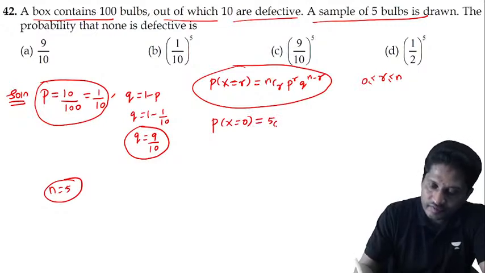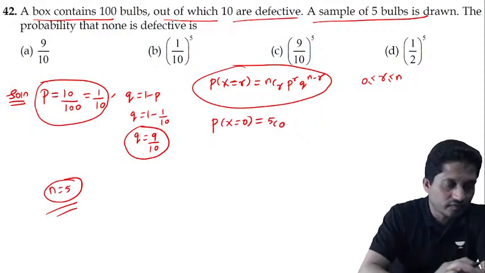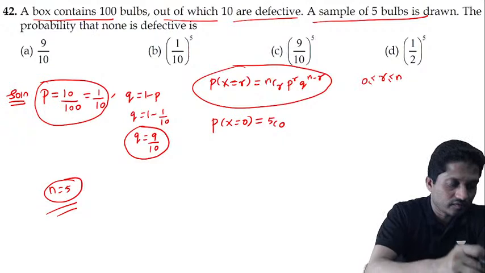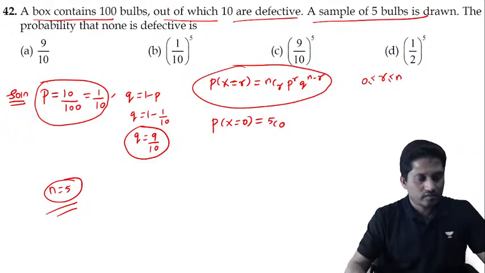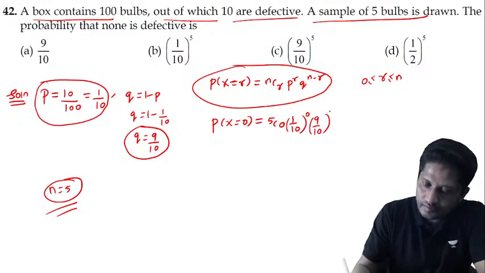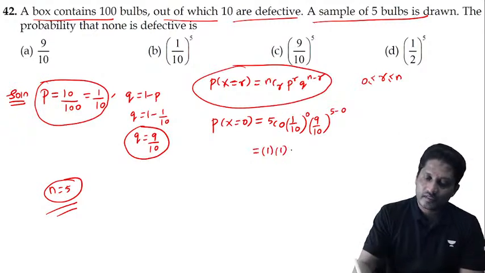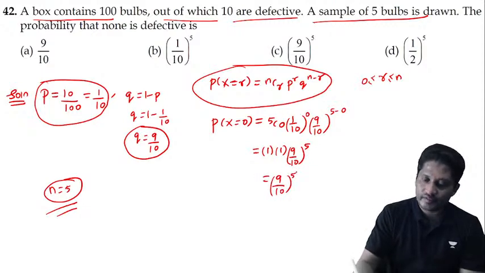That is equal to 5C0 because n is equal to 5. 5C0 p to the power r, p is equal to 1 by 10 to the power 0, and then 9 by 10 whole to the power of 5 minus 0. 5C0 is 1, 1 by 10 power 0 is also 1, and then this is 9 by 10 whole power 5. Answer is option C.